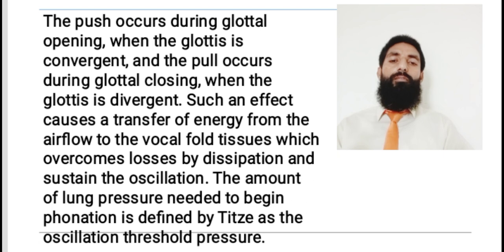The amount of lung pressure needed to begin the phonation is defined by Titze as the oscillation threshold pressure. So here we want to discuss that the threshold pressure is actually responsible for oscillating the vocal folds, and the pressure of the lungs needed to begin the phonation is defined as such.